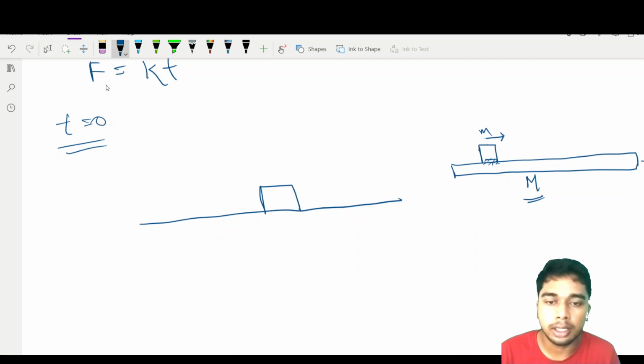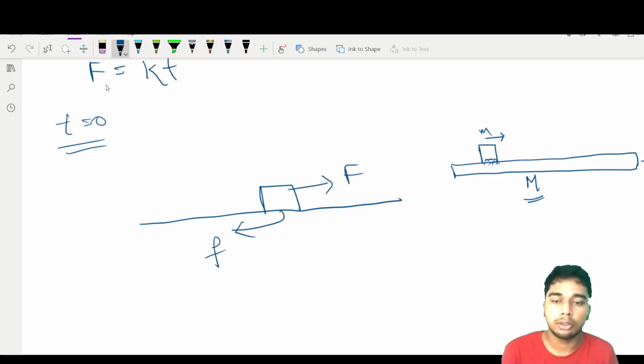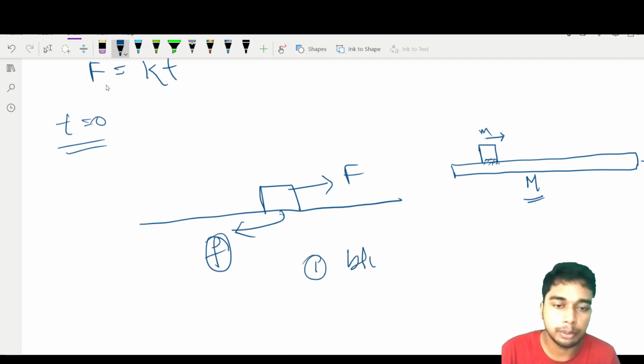Now I am pulling this one by force F, and there is another force acting, small f. So this force is acting on this block. So I will simply write that the block will move.